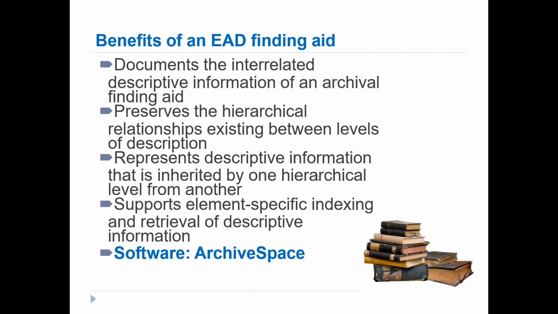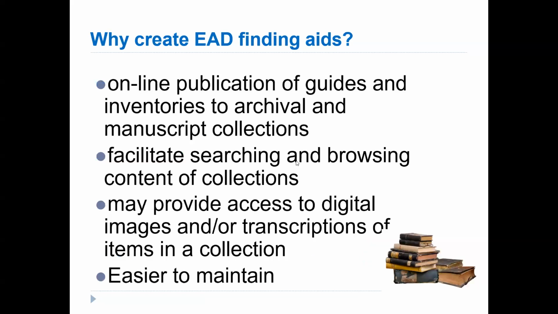One of the most common software we use for finding aids is ArchivesSpace. Why create finding aids? There are a lot of different reasons. If you create finding aids, you probably have your own reasons, but they are useful, especially for creating guides and inventories to archival and manuscript collections. They facilitate searching at a collection level, and they can also help provide access to digital content in a collection.